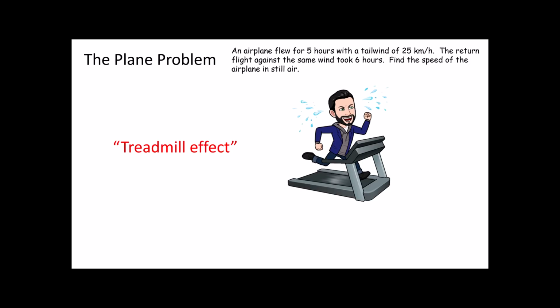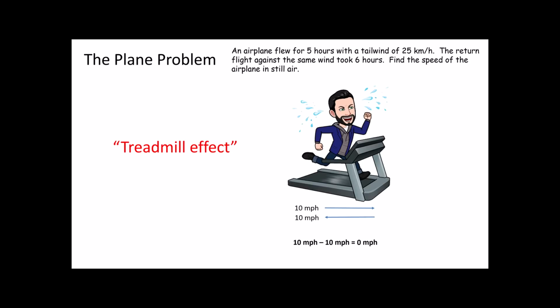Consider this. If I'm running on a treadmill at home, and I'm running 10 miles per hour, but the treadmill is set at 10 miles per hour, and the treadmill is moving in the opposite direction that I am, then my running and the treadmill are undoing or counteracting the work of one another.